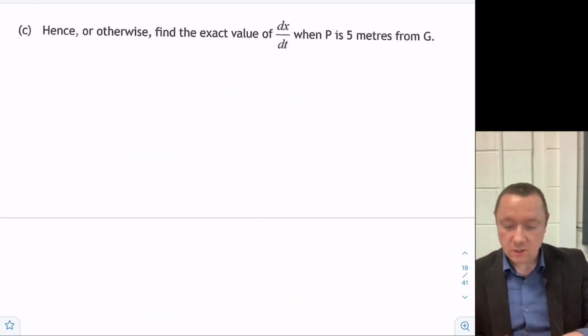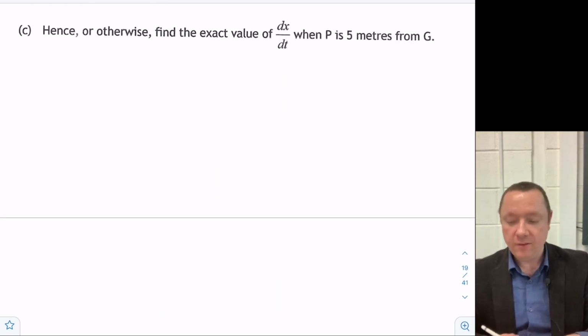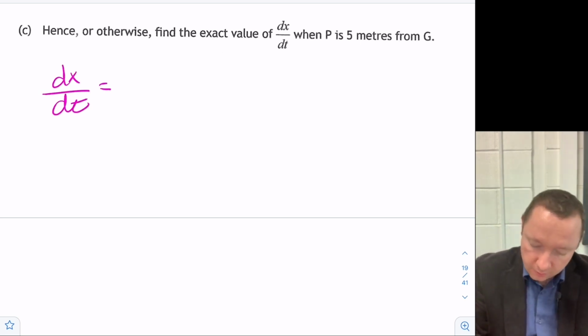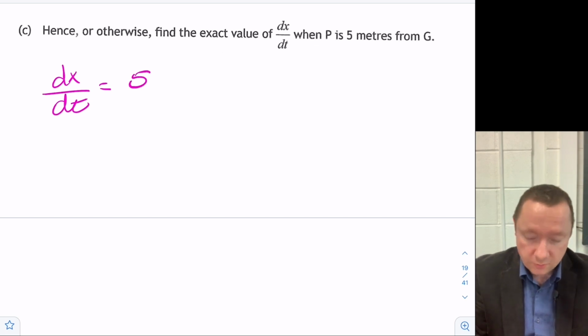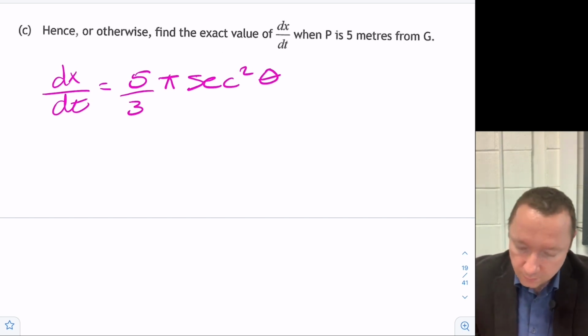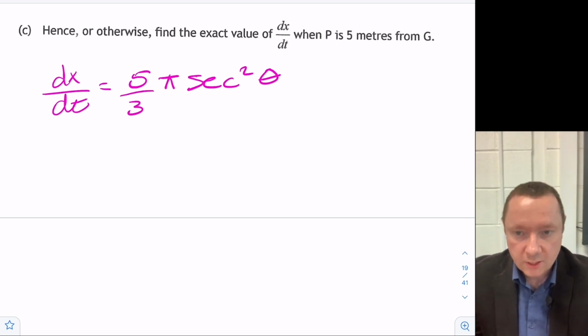Part C says, hence or otherwise find the exact value of dx by dt when P is 5 meters from G. So recall dx by dt we've already worked out, and we've already been told in the question, is 5 over 3 pi sec squared theta. But from the previous part, we know that sec squared theta is 1 plus tan squared theta.